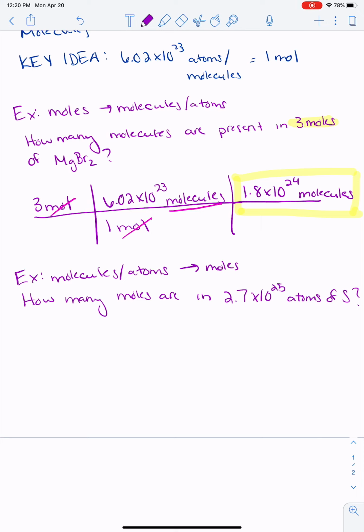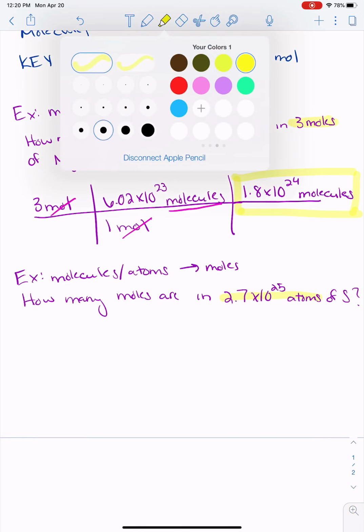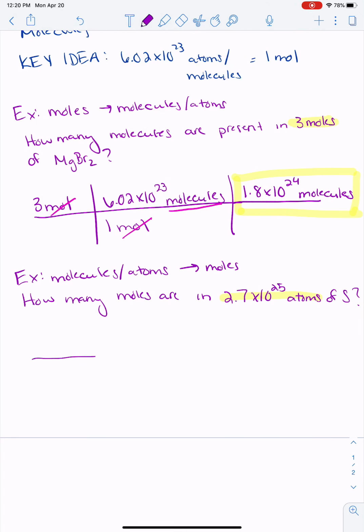Okay, in this case we're using atoms. The process is the same whether it's atoms or molecules. So again, the first thing we do is figure out what number we're given, which is this 2.7 times 10 to the 25th atoms.